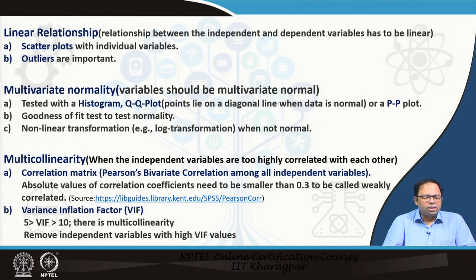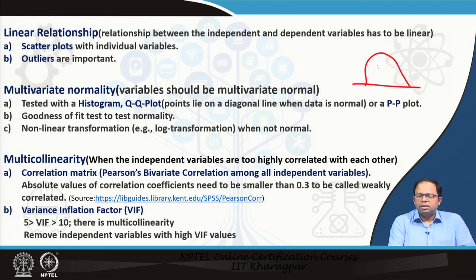We also test another assumption, multivariate normality, which basically means variables should be multivariate normal. That means it should follow a normal distribution, and this could be easily tested by drawing a histogram of the data set. The histogram should look like a normal distribution.